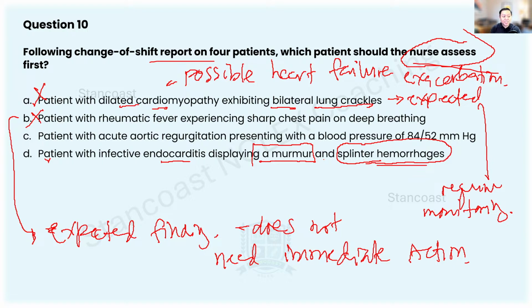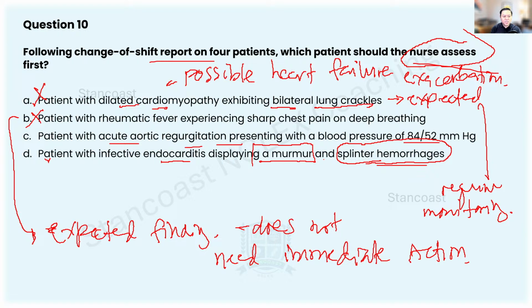Our patient that has acute aortic regurgitation with a blood pressure of 84/52, yeah, of course. What is our MAP here in letter C? 52 plus 84, divided by 3.